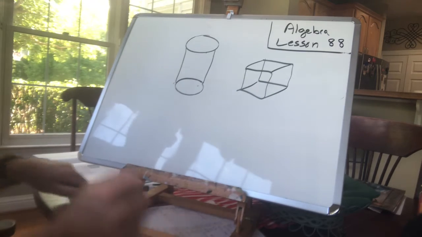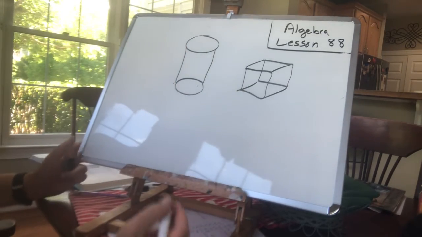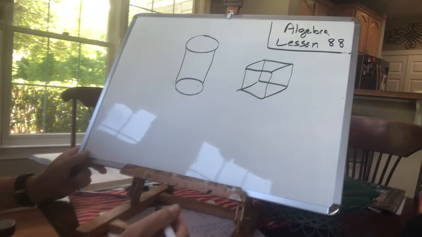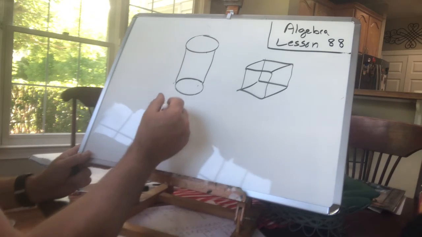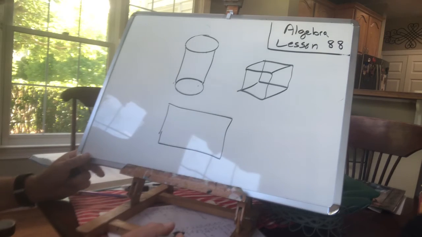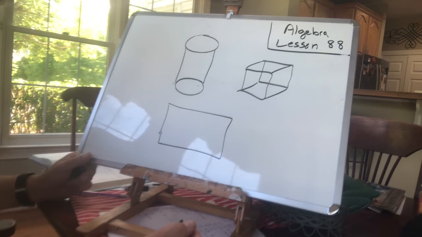If I was to tell you the shape of the wraparound, the lateral surface area of a cylinder, if I cut a slit in the soup can label and unwound it, it would just be a rectangle, right? That would give me the wraparound part of it, the lateral surface area.